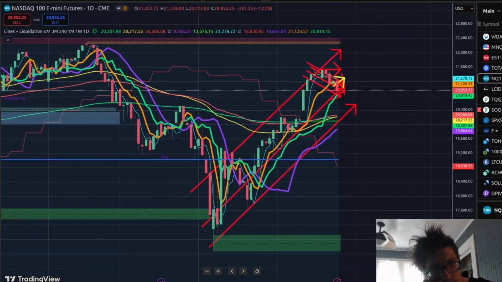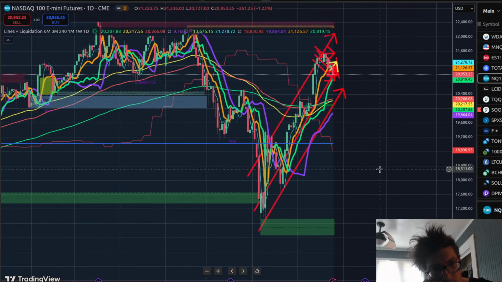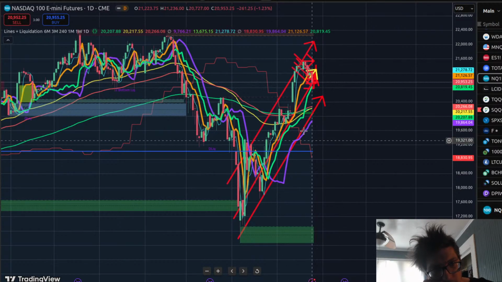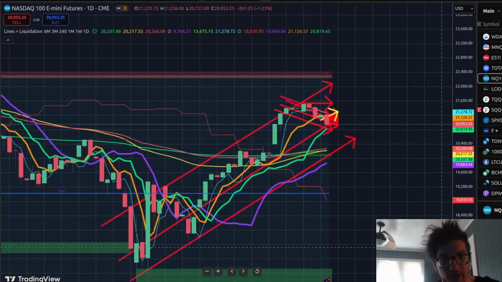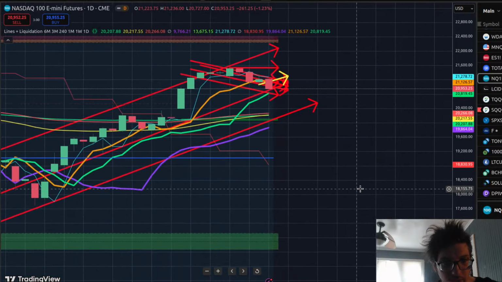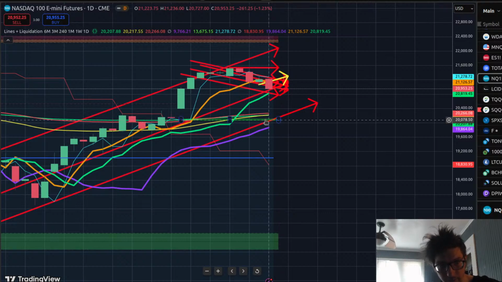So even though we're crossing above this red line here, we're in an overall bullish trend on that, it's still a possibility that we could break below this line. And I'm not saying we're going to break below this bottom line in this channel, but I'm saying it's a possibility, right? I'm not saying it's going to.